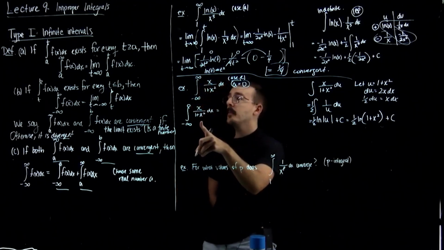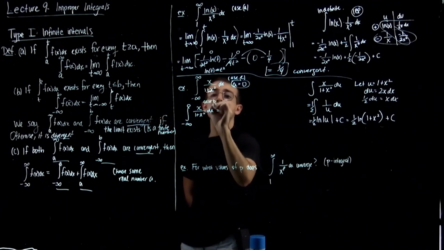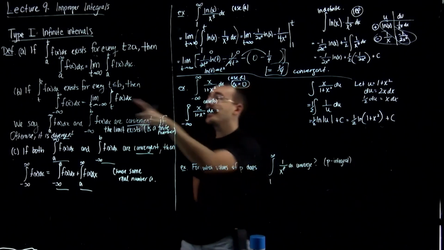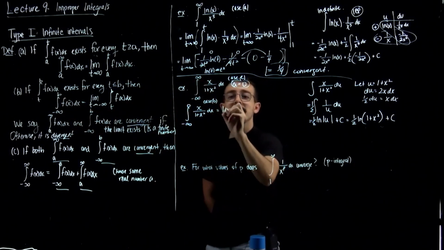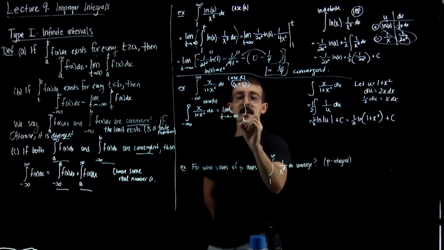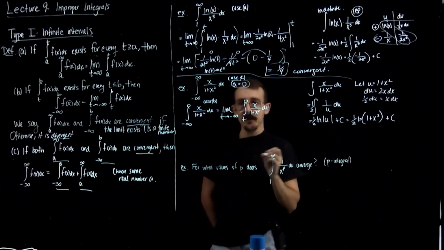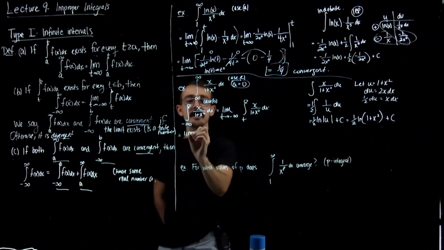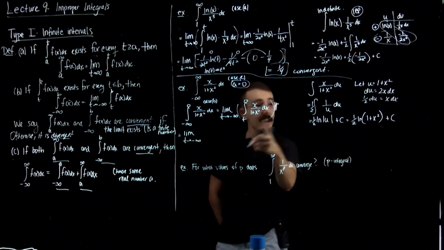Well, here I would go to case 2. I keep calling them numbers. This is case B, right, where the lower bound goes to negative infinity. So it's the limit as t goes to negative infinity of the integral from t to 0 of (x plus 1) over x squared dx. This integral right here, I calculated it.